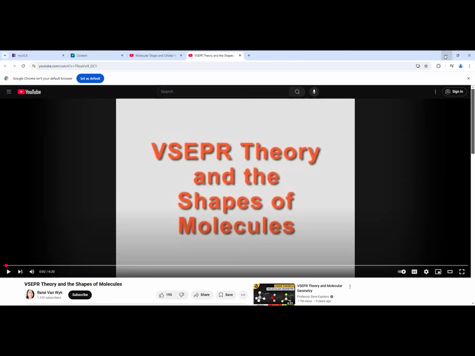Now, because the two outer atoms are identical, and there is no lone pair, it means that the molecular geometry is also linear. And because it is linear, we know that the ideal bond angle is going to be 180 degrees.